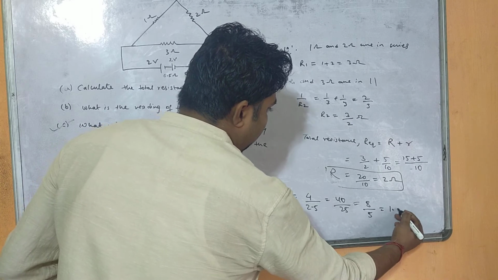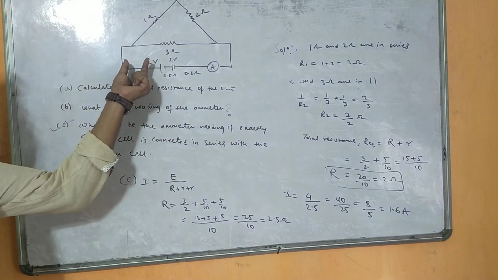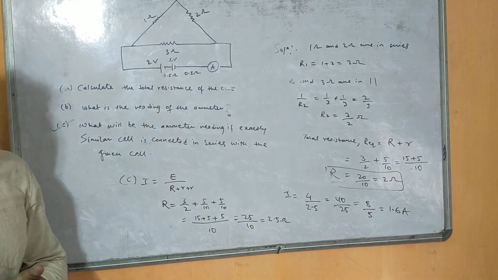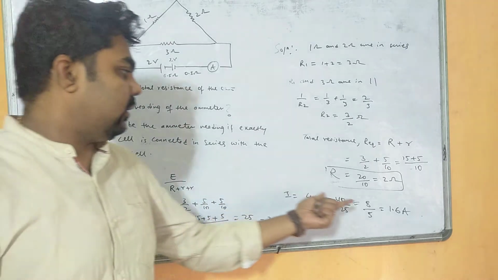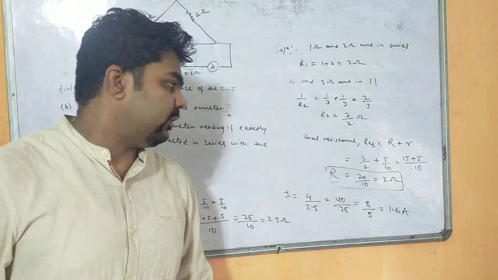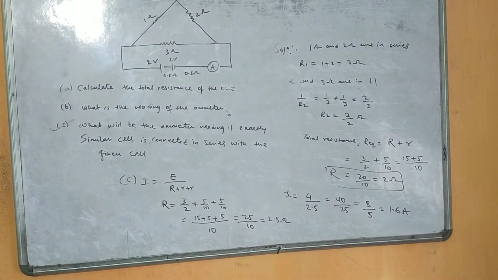Now when you calculate this, we will get 1.6 ampere. So if we put two EMFs in series, then the internal resistance will also add up, and the total current will be 1.6 ampere. Otherwise it was 1 ampere when only one cell was connected. Now 1.6 ampere will flow when two EMFs are connected in series.